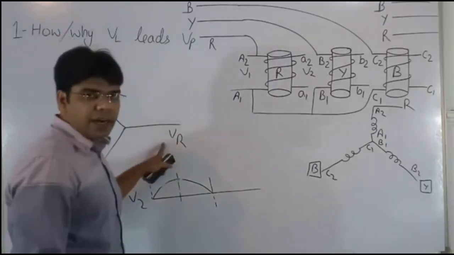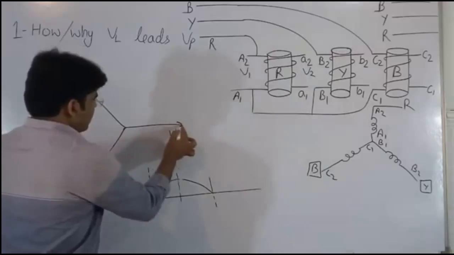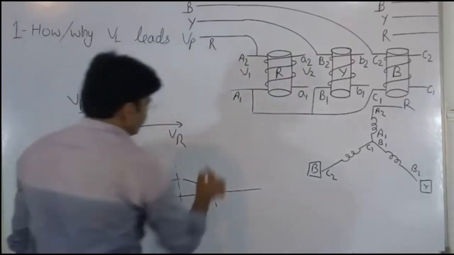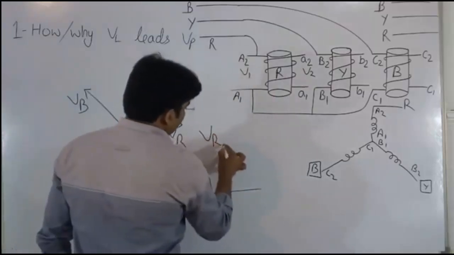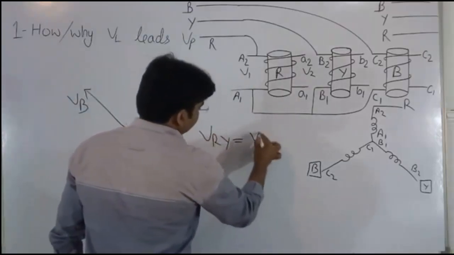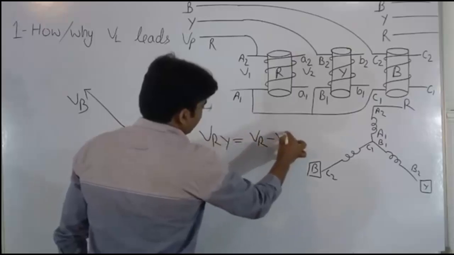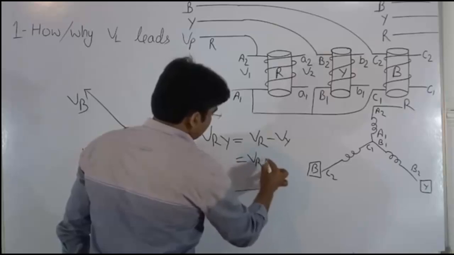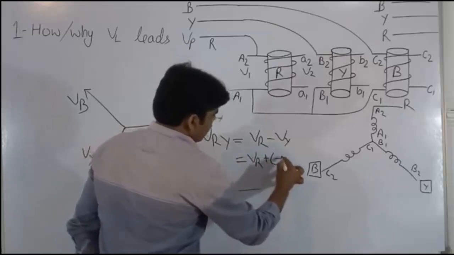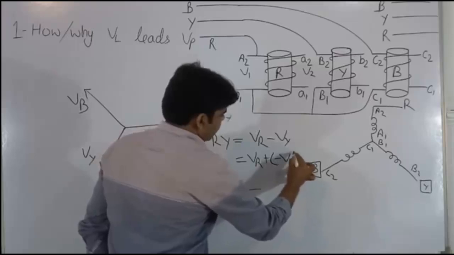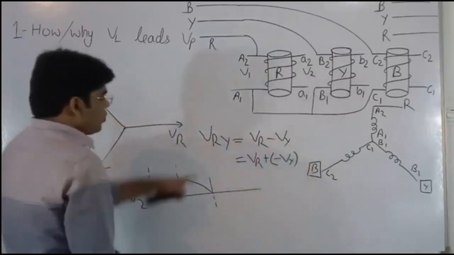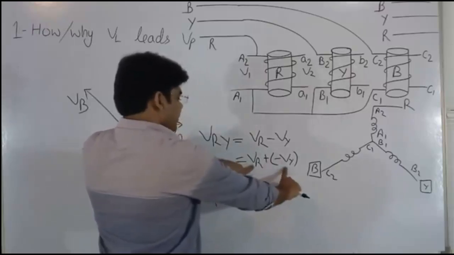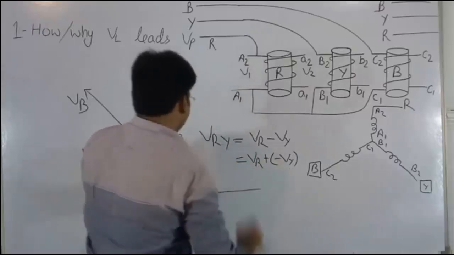From this phasor diagram, we can find VRY. Actually, we know VRY equal to VR minus VY, or VR plus minus VY. So, to get VRY, we will add VR and minus VY. We will add these two.